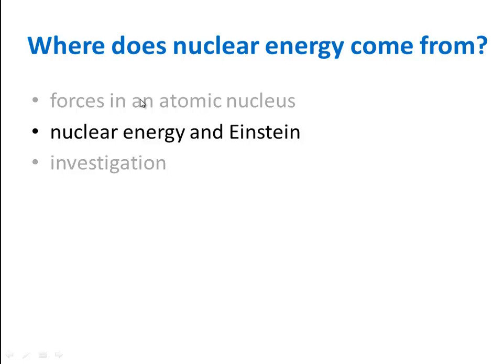So first of all, I think you have a better appreciation for how weird it is that we can have elements beyond hydrogen, things like helium or lithium, carbon, and so on, where you have multiple protons, which are all positively charged, and yet somehow they're able to live together in very close proximity to each other in a nucleus. And I hope you appreciate better now just how strange that is.